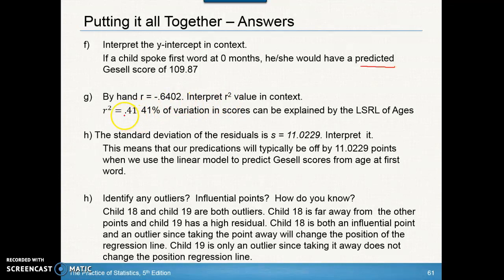So our R squared is going to be 41.41% or 0.41. So that's telling us that 41% of the variation in scores can be explained by the least squares regression line. Now make sure you state that relates ages and Gazelle score.